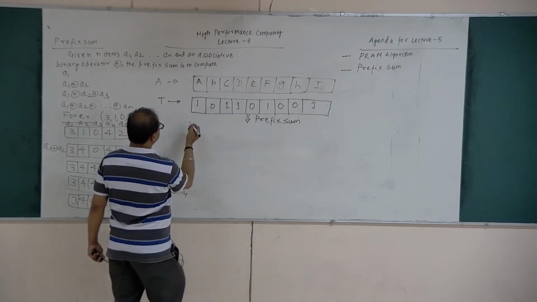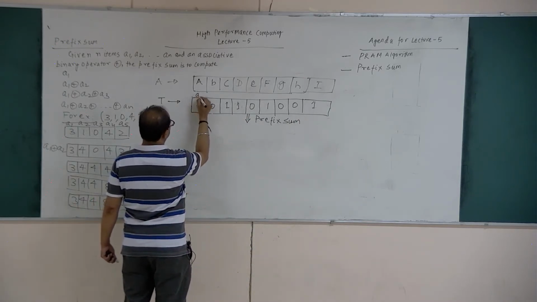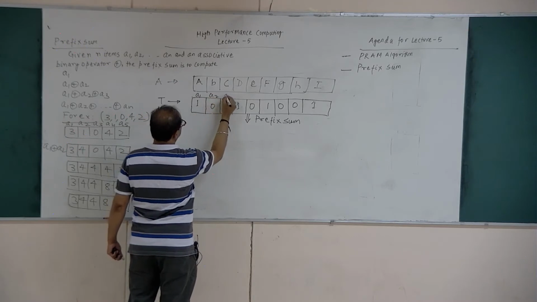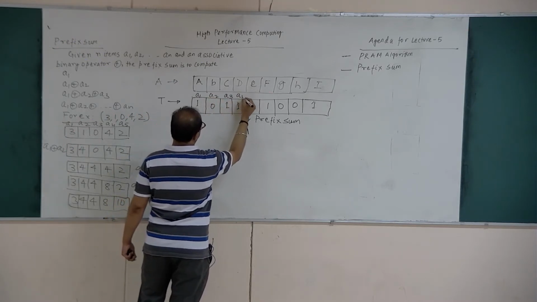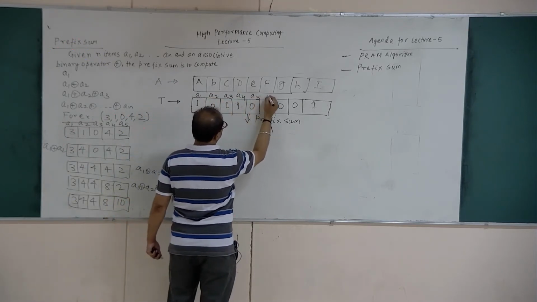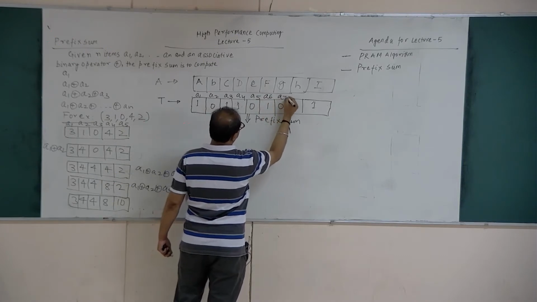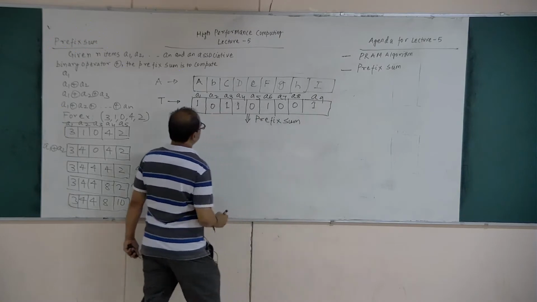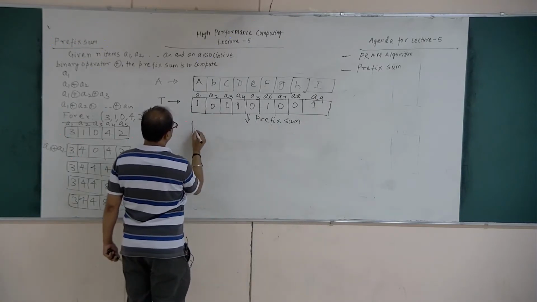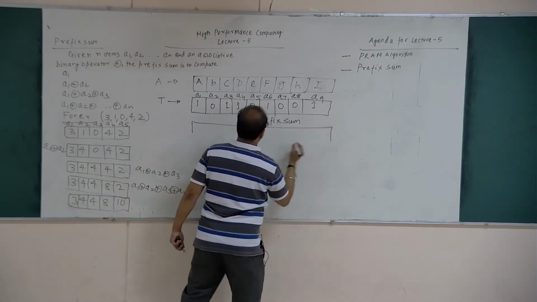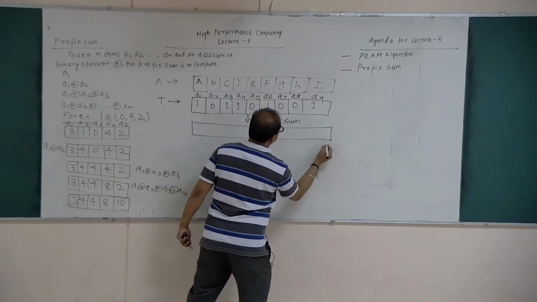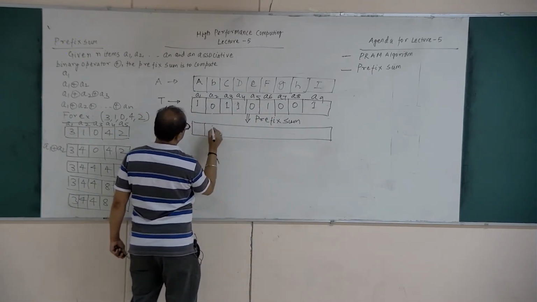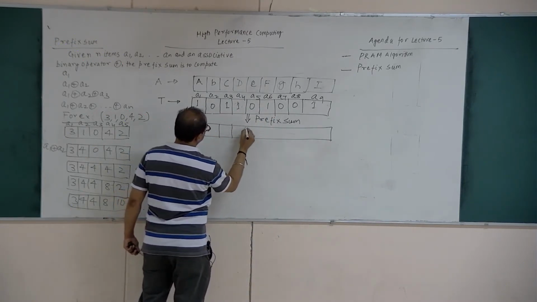So you can see these are n numbers: A1, A2, A3, A4, A5, A6, A7, A8, A9 and so forth. I will add in one step, because we have to go with the algorithm also.